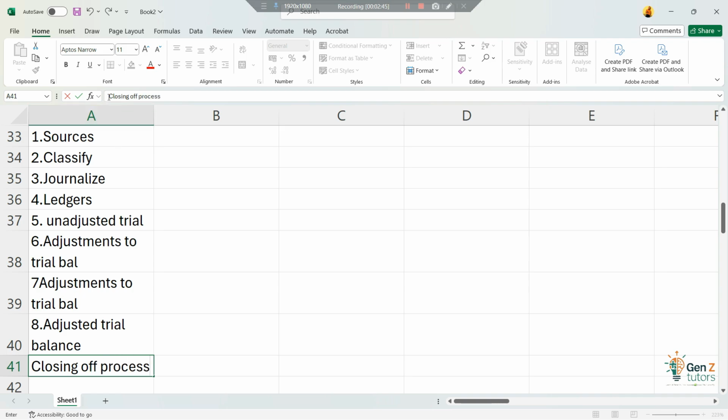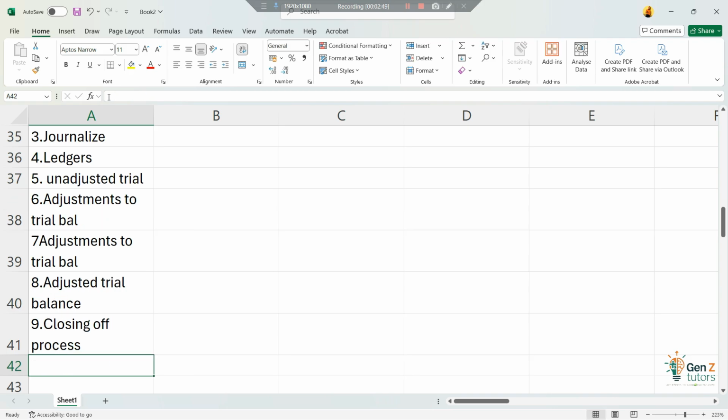And then after your closing off process, which is number 9, that's when you prepare financial statements. Prepare your financial statements, which will be your SPL, statement of profit and loss, or statement of financial performance.